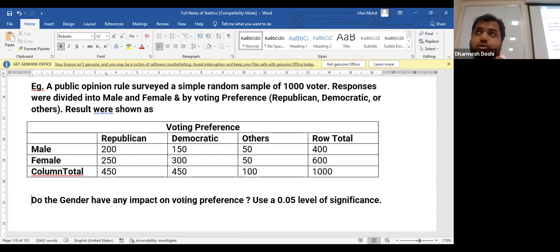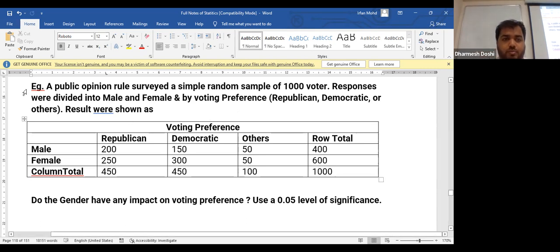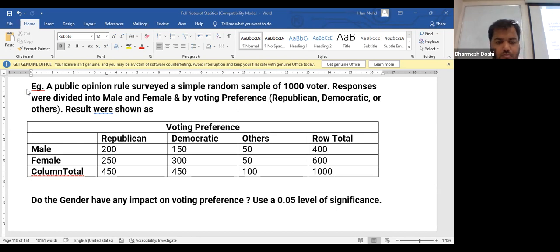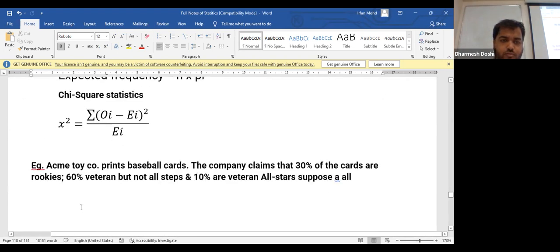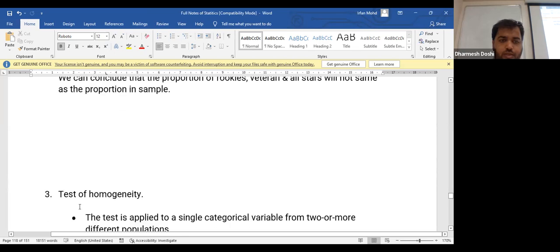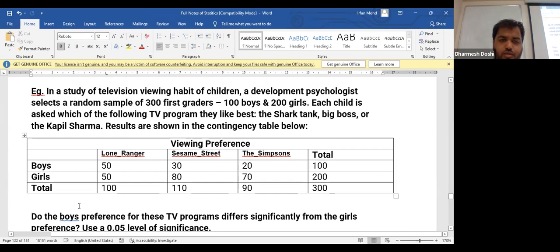Does gender have any impact on voting? Point number 1. Okay. Let me take a screenshot and explain to you. People mostly get confused in homogeneity in this one.